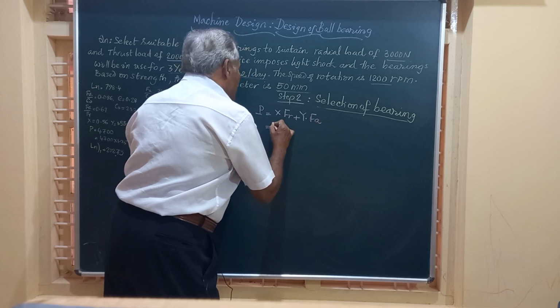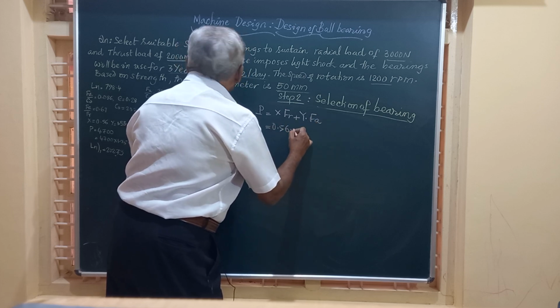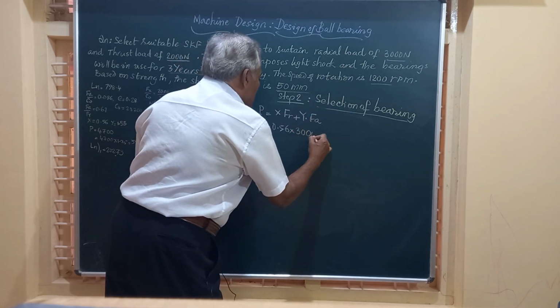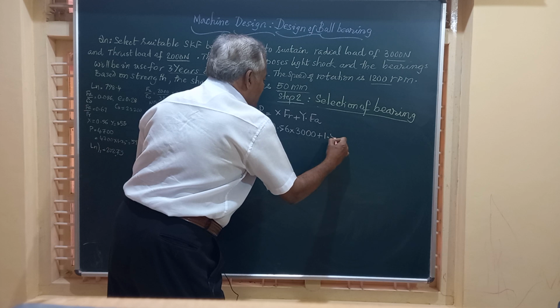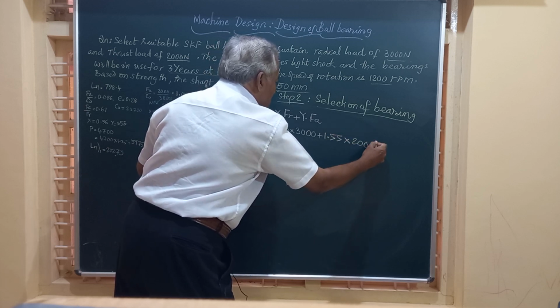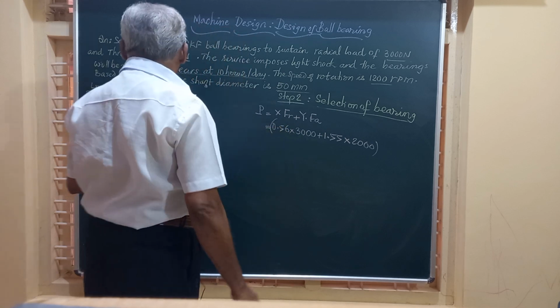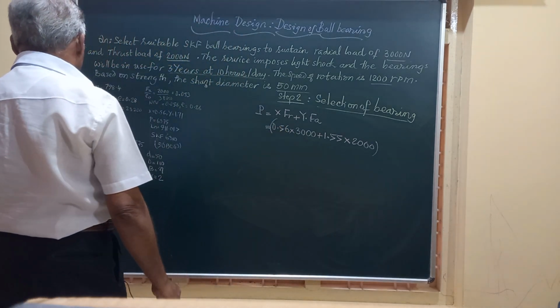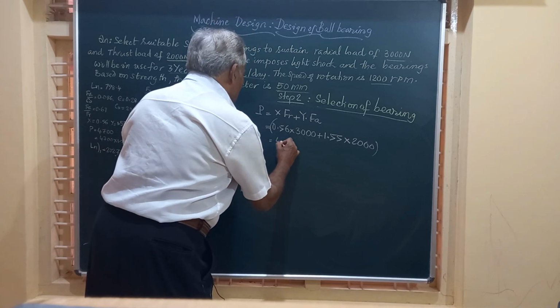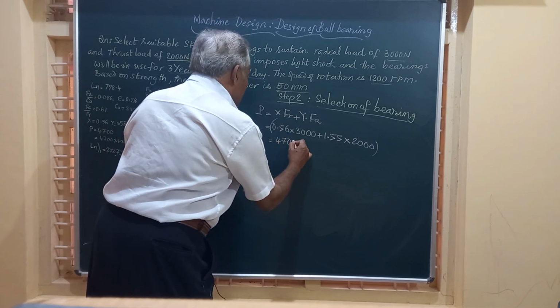And this is 0.56 into radial load 3000 plus y is 1.55 into axial load 2000. Friends, this value works out to 4,700 Newton.